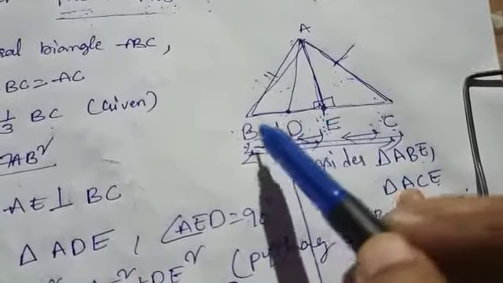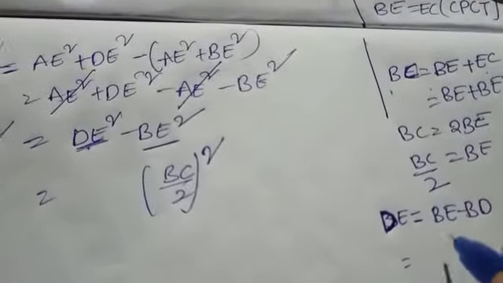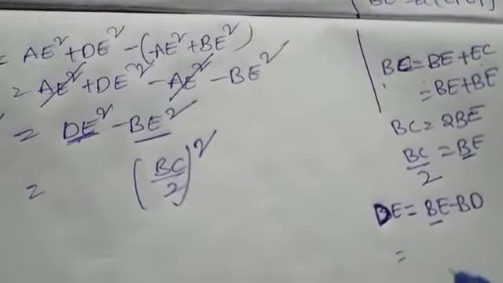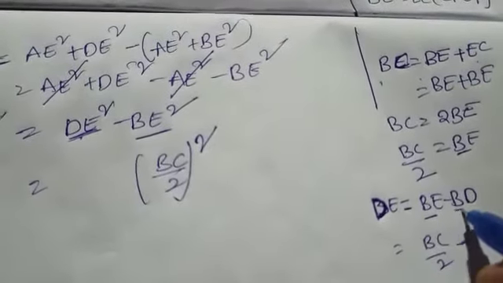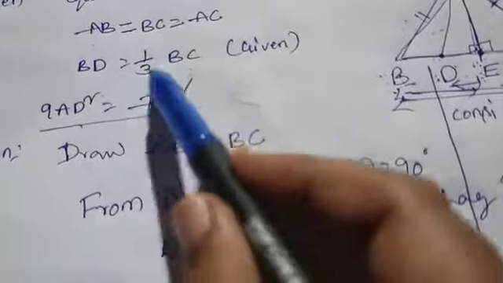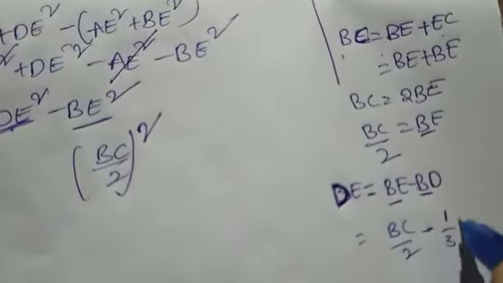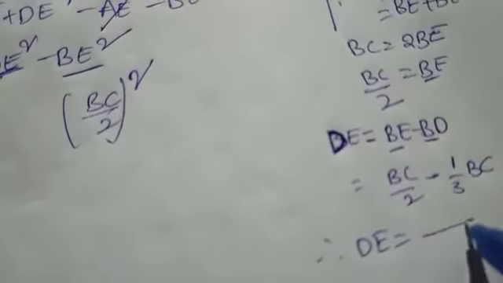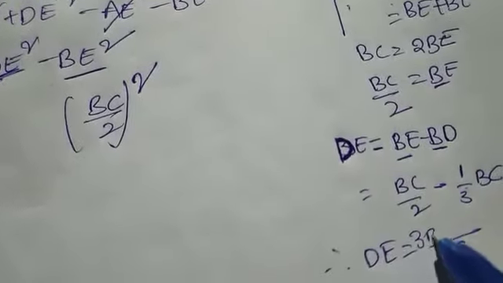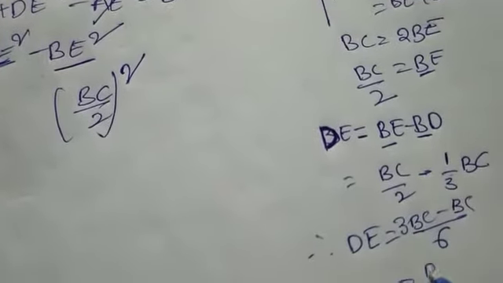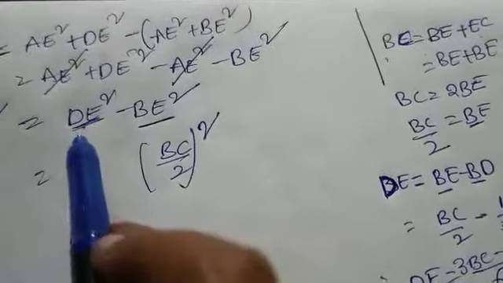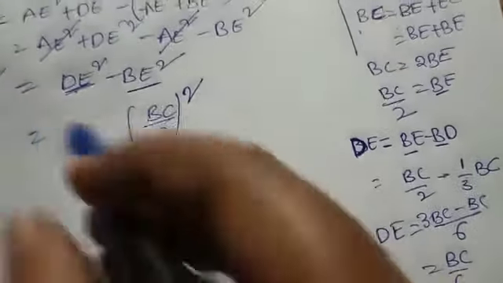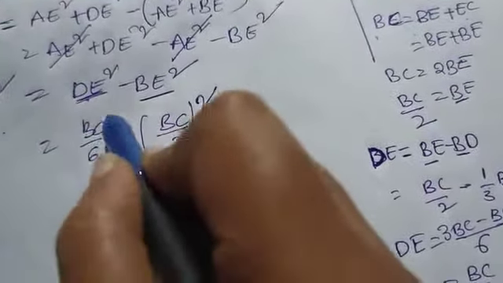BE is BC by 2, and BD is given in the question: BD equal to 1/3 of BC. Therefore DE equal to, take LCM, LCM is 6, 3BC minus 2BC, which is equal to BC by 6. In place of DE square, we write BC by 6 whole square.